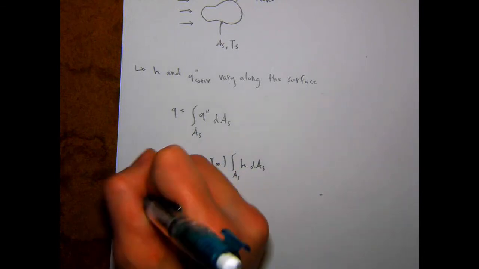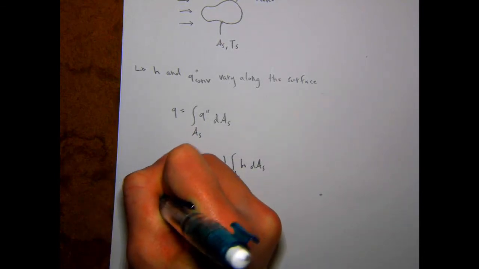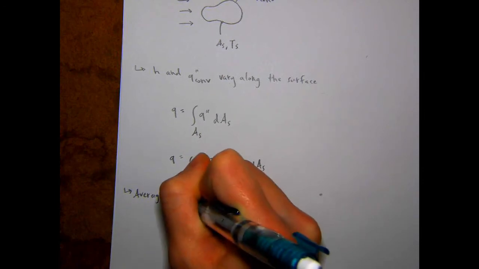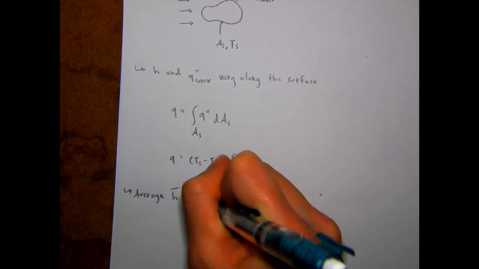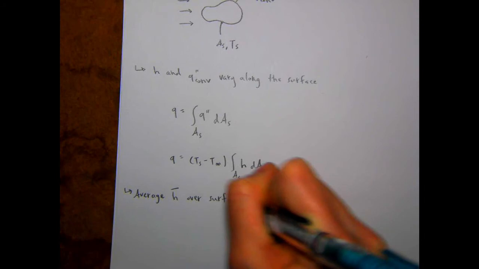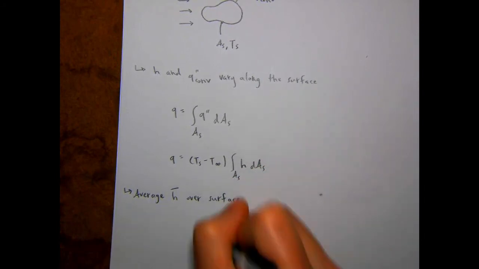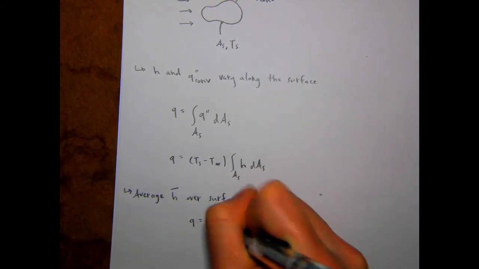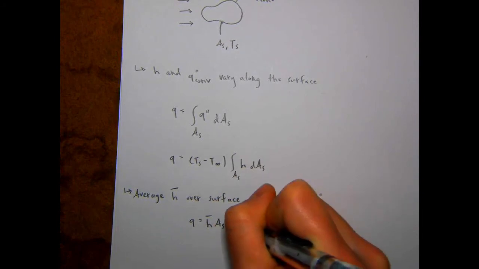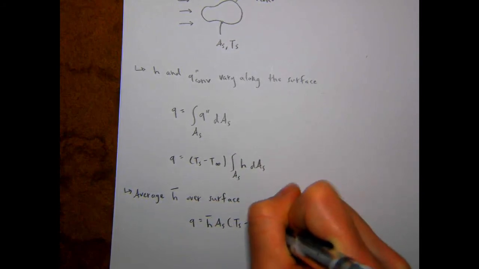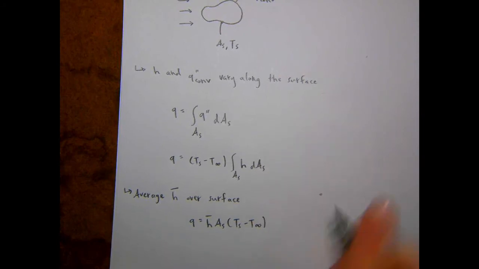So if we want to define an average h over the entire surface, then we can say, okay, the heat transfer rate is equal to this average h, and plug that into the convection rate equation. So h over bar. So really when we've been using h in problems previously, we've been assuming that either it's uniform over the surface or we're using this average convection coefficient.